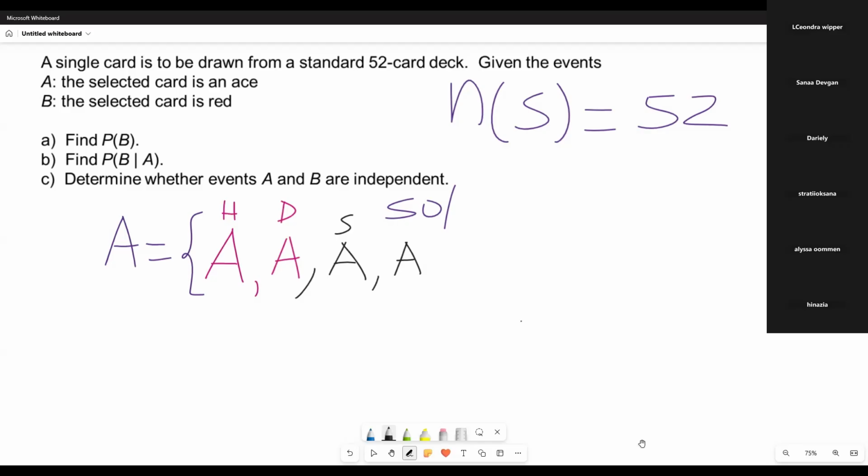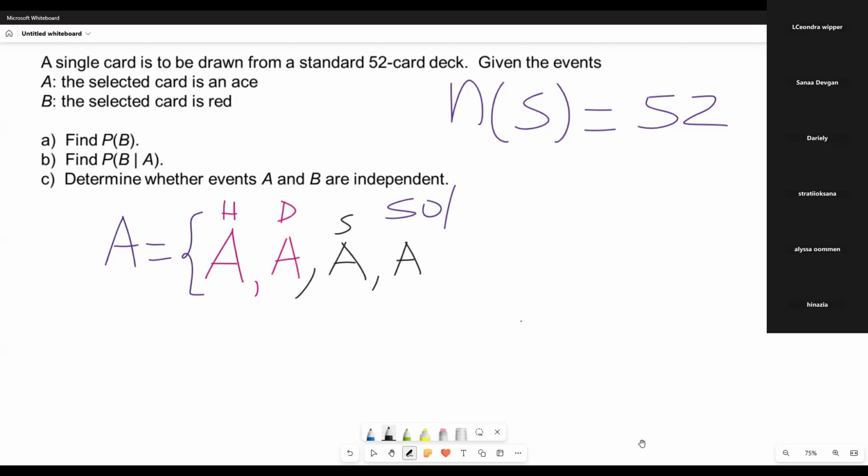And we've got ace of spade, which is black, and ace of, what is the other one again? Oh boy. I forgot the other one. Anyone?